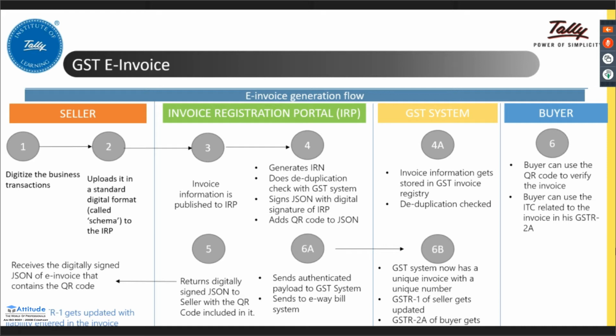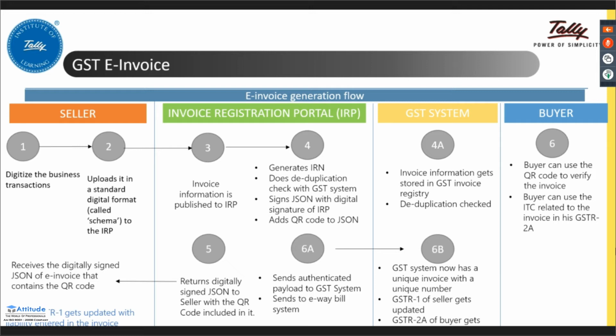Being a taxpayer or a registered regular dealer, what we do is just generate an invoice and send it, or upload it to the IRP, and the next complete process of validation, checking for duplication, applying the QR code, and updating the GSTR 1 and GSTR 2A all happens instantly.